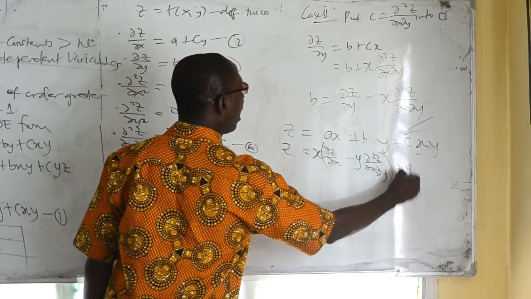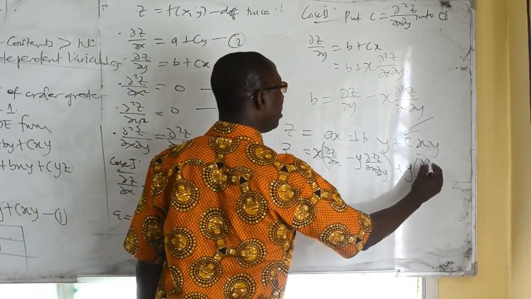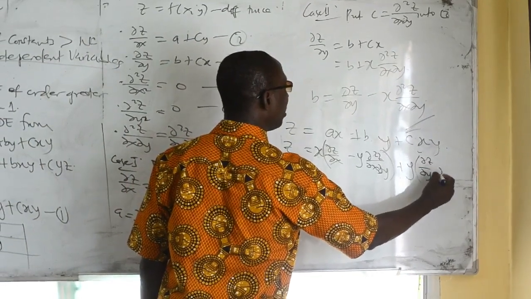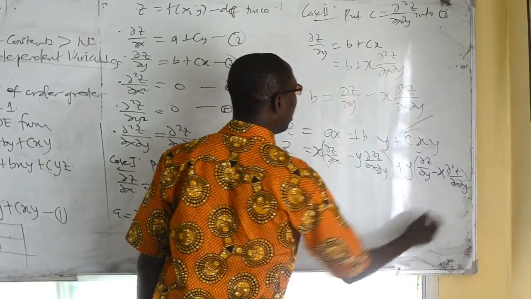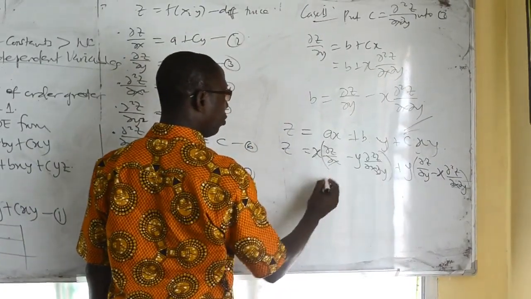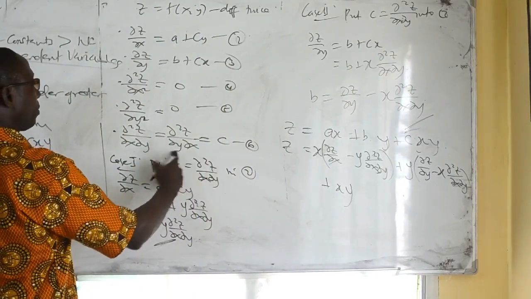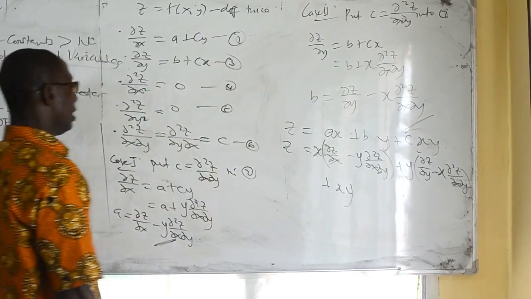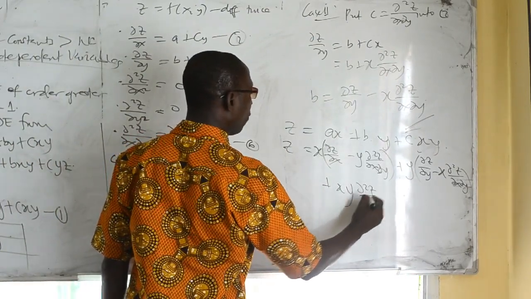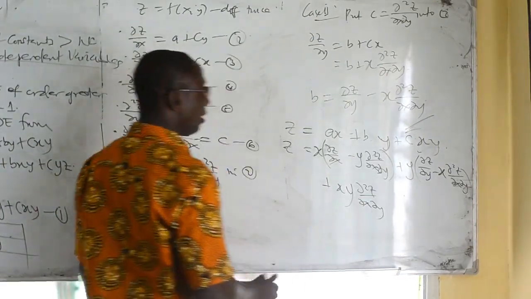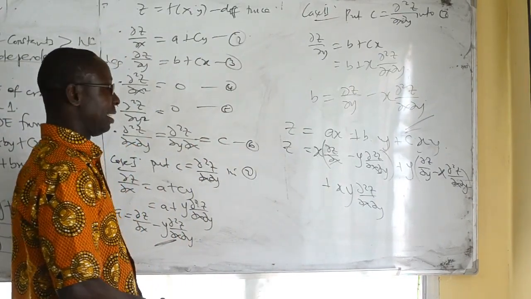So this is my y and this is my B. B is dz dy minus x d squared z over dx dy. xy multiplying C. So this is my xy. My C is this, d squared z over dx dy. Good. So we expand and simplify.